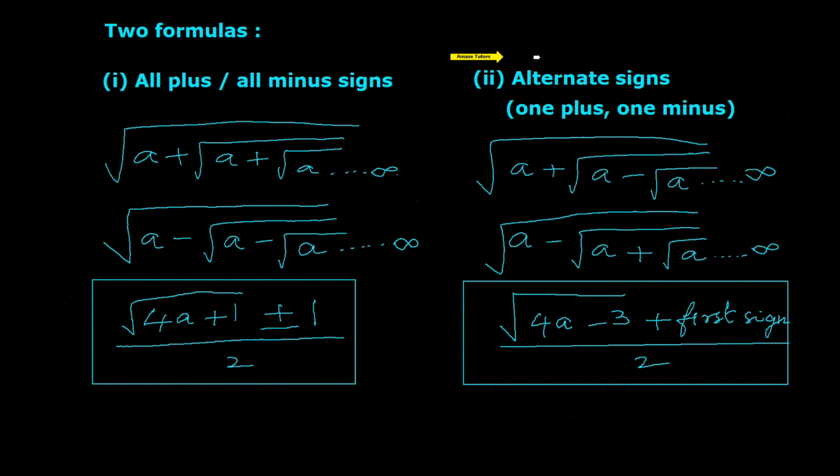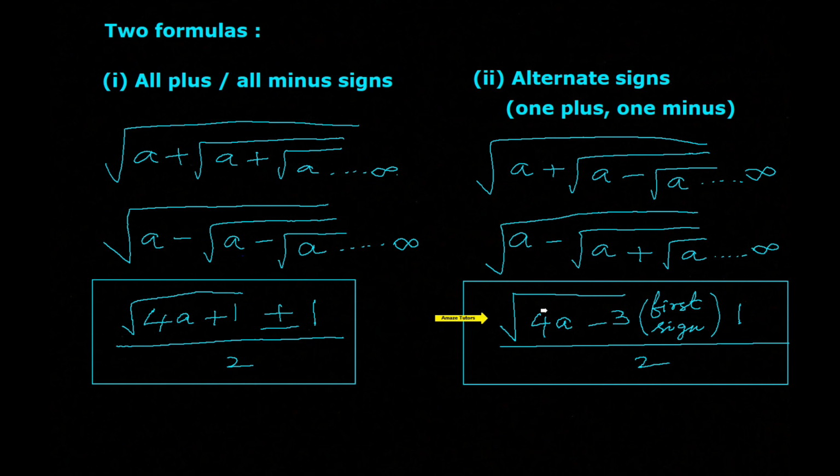Okay, now the second formula: alternate signs, one plus and one minus. When you look at these two examples, root a plus root a minus root a and so on, alternately plus, minus. And here it starts with minus: root a minus root a plus root a, minus, plus and so on up to infinity. So it is a different formula in this case when there are alternate signs.